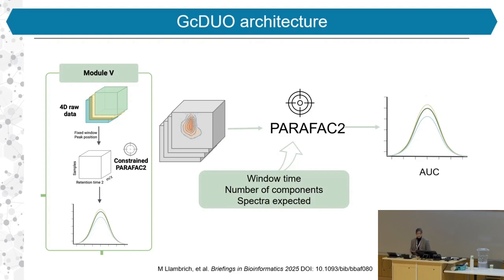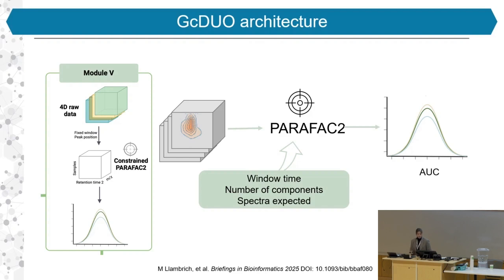So what we do now is perform the model again, but giving PARAFAC all the information that we obtained previously. We use the 4D matrix, so we use all samples together now, which enables batch processing.